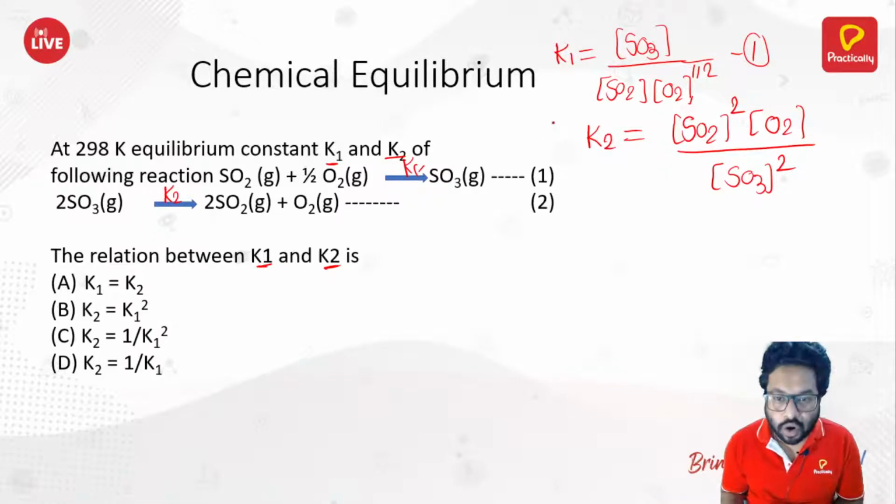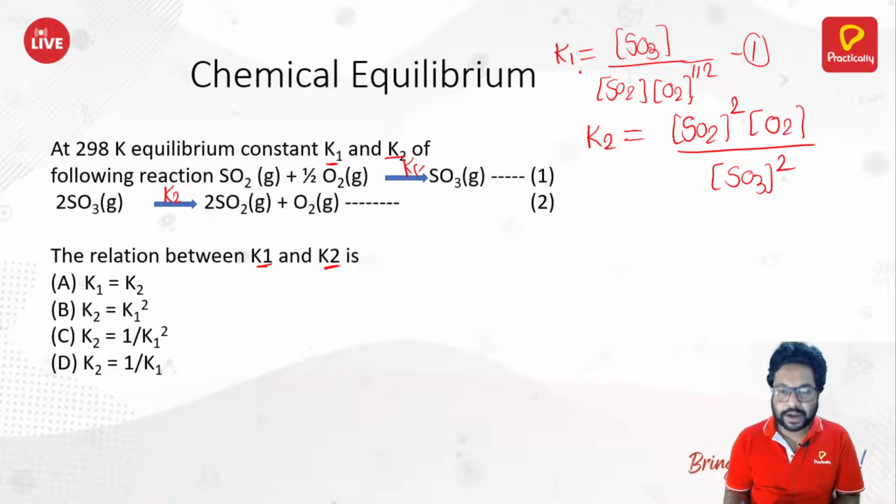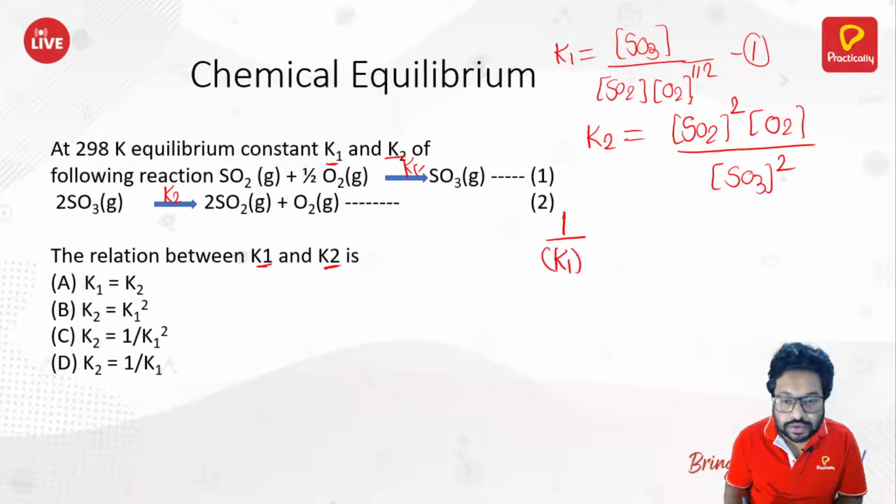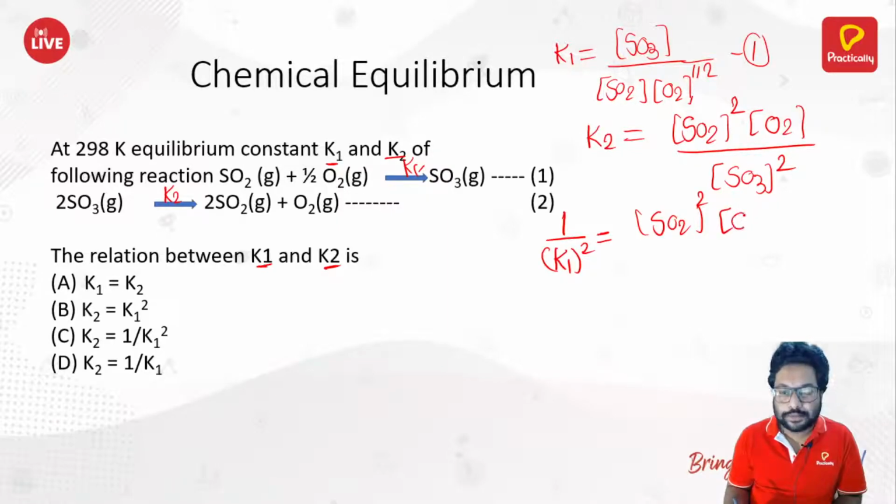So if you want to obtain K2 from K1, what you need to do? You need to reverse the K1 first, and then you also need to square it. See, if you reverse and square it, what do you get? SO2 square, O2 under root raised to 2, that means normal O2, divided by SO3 square.